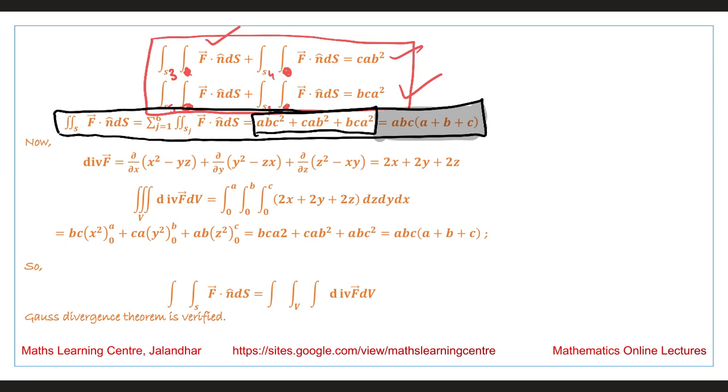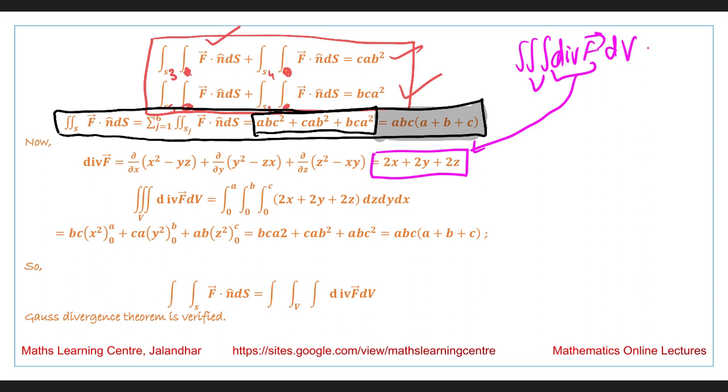Next, to verify the divergence theorem, we are calculating the value of the triple integral of divergence of f vector into dv over the volume V. Now, if we calculate the divergence of f vector, the answer we have is 2x plus 2y plus 2z.